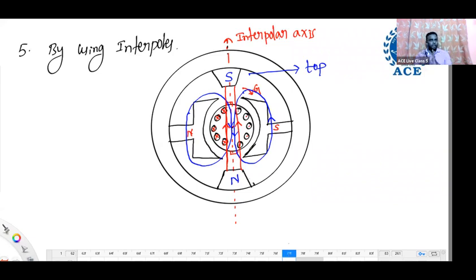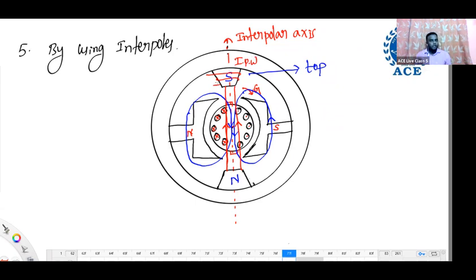Suppose you think that it is a permanent magnet. Permanent magnet means even if there is no armature flux, there is an interpole flux. Now main flux is there, interpole flux will interact with main flux. Again there is a reaction. So these interpoles are electromagnets, means they will also have a winding, that we call interpole winding.